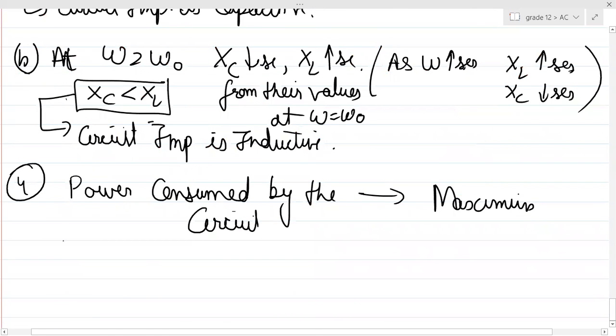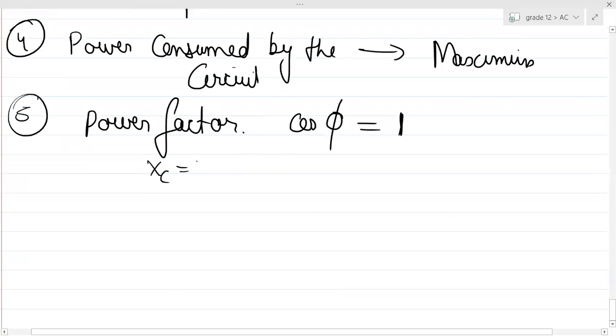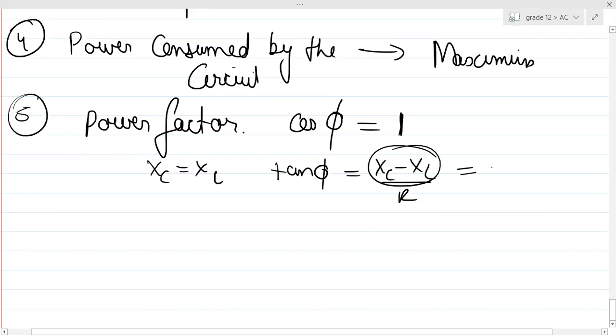What else? At this particular resonance, can I say the power factor, which is basically cos phi, will become 1. Do you remember at this particular instance, since XC and XL are equal, tan phi will be equal to what? XC minus XL divided by R. So this thing is 0, right?